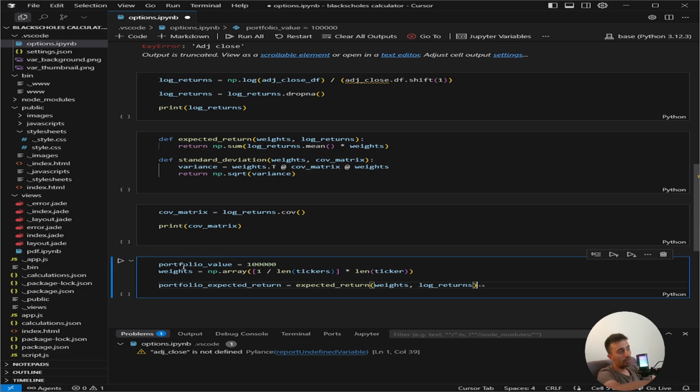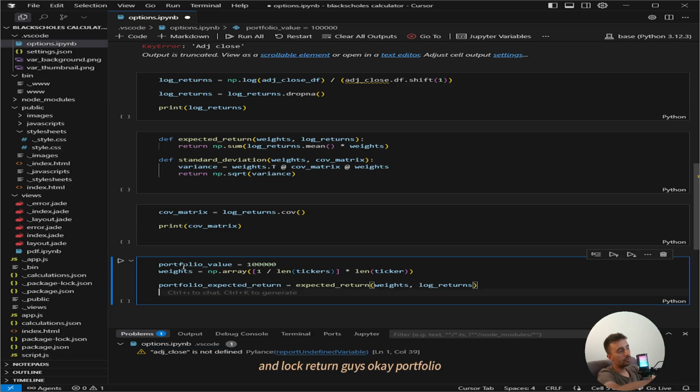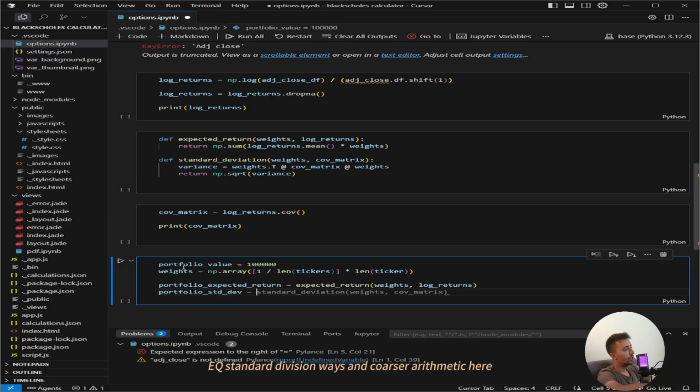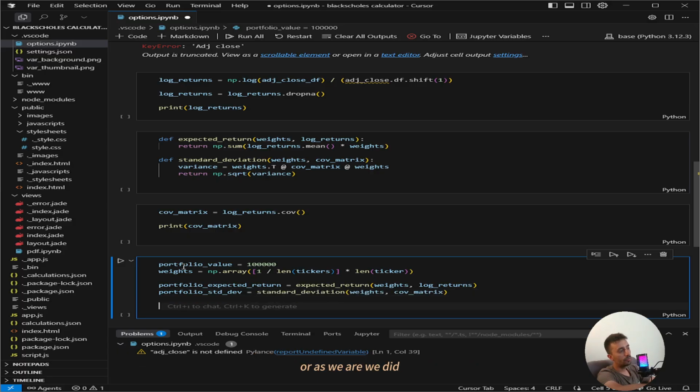Yes, this is portfolio expected return mean, we are defining our parameters here, weights and log return, guys. Portfolio standard deviation equals standard deviation of weights and covariance matrix here, or else we define another parameter here. This is really easy, guys.